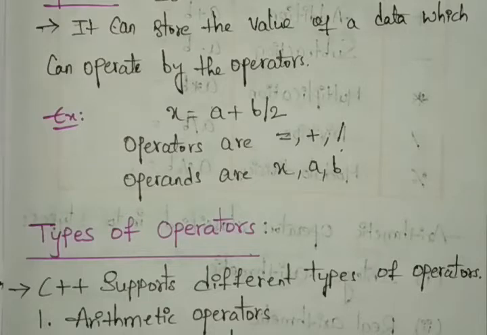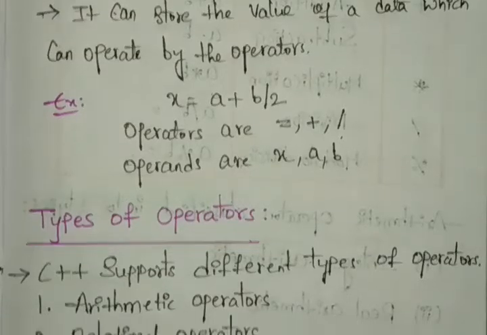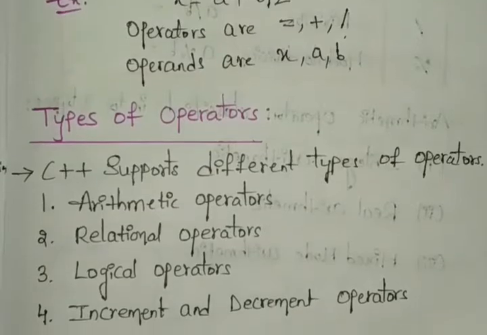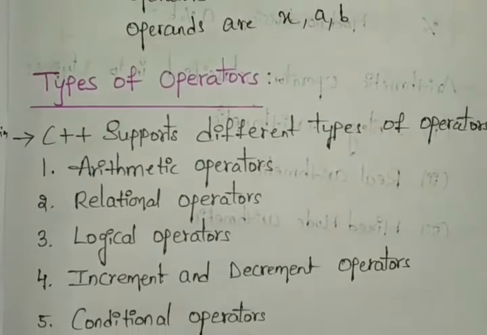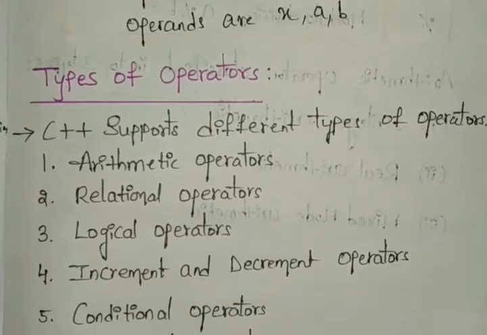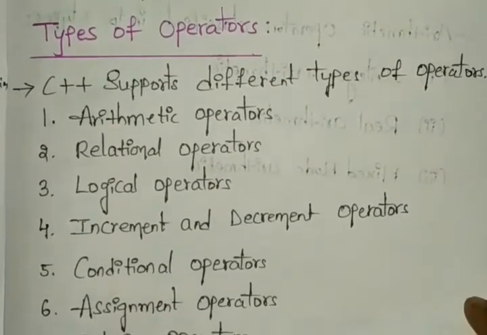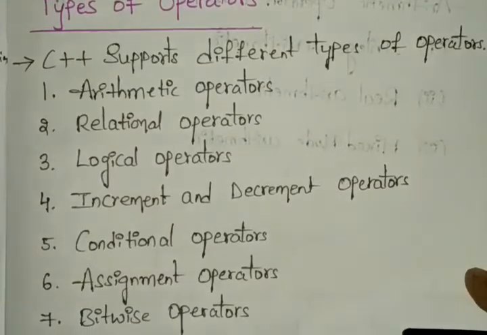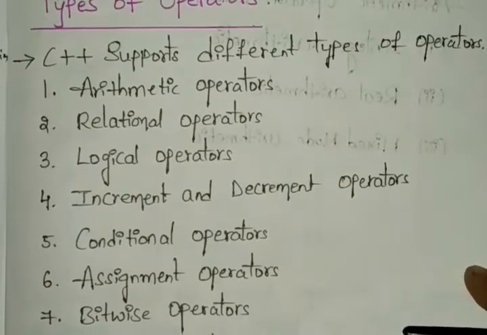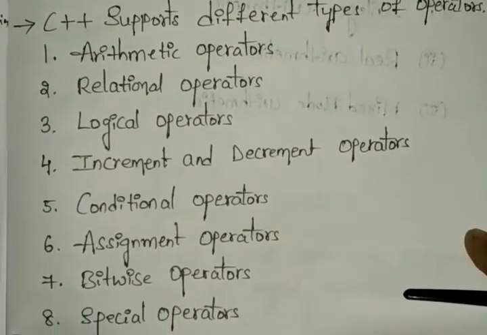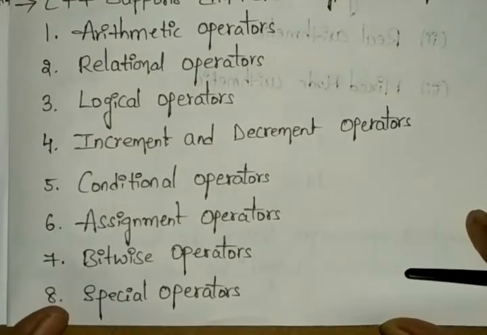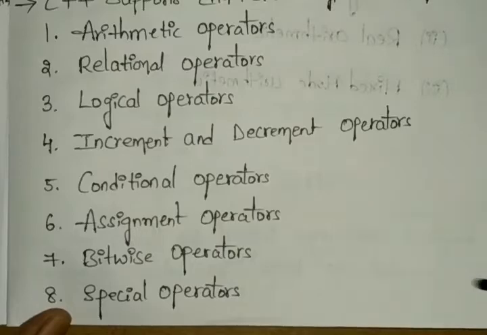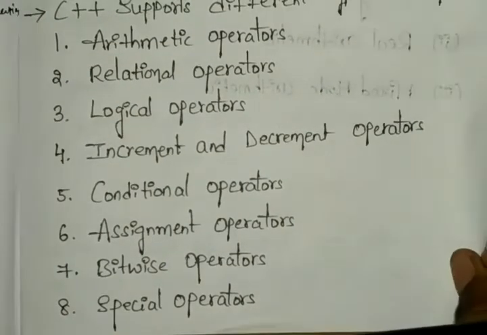The first is arithmetic operators, second relational operators, third logical operators, fourth increment and decrement operators, fifth conditional operator, sixth assignment operator, seventh bitwise operator, and the eighth is special operators. Now we will see each one by one.